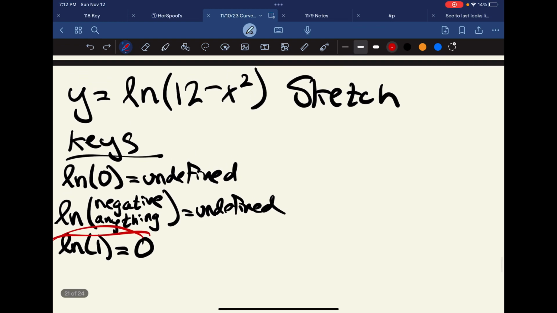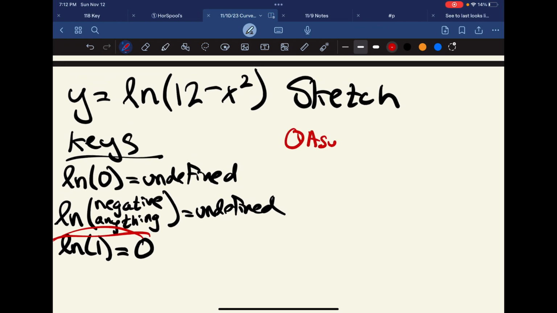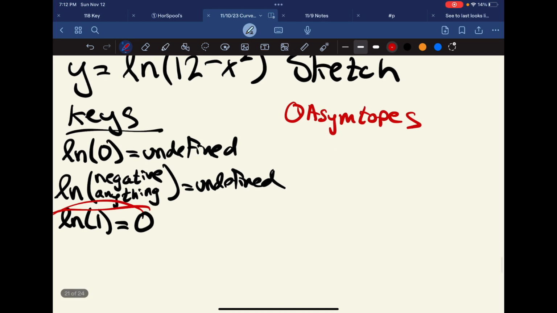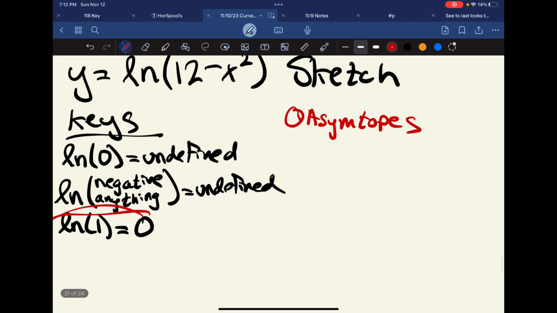So let's start with our asymptotes. Functions with ln in them always have vertical asymptotes. So if we consider our normal graph of ln, it looks something like this, right? And then we have a vertical asymptote at x equals 0.